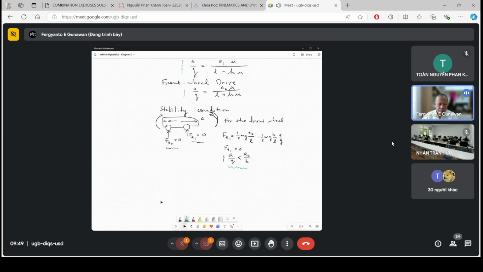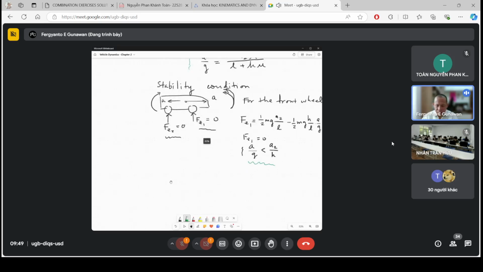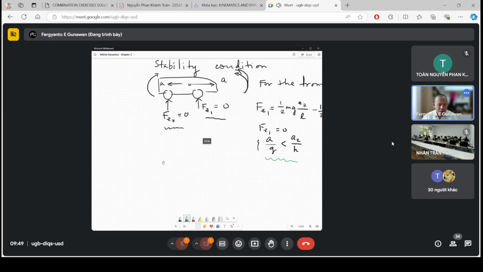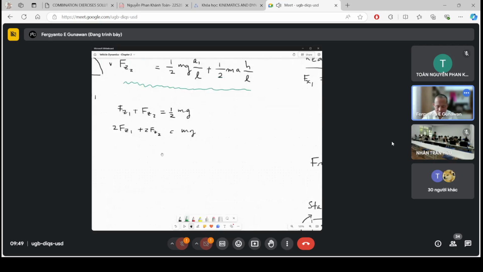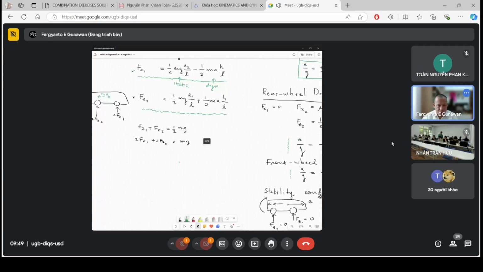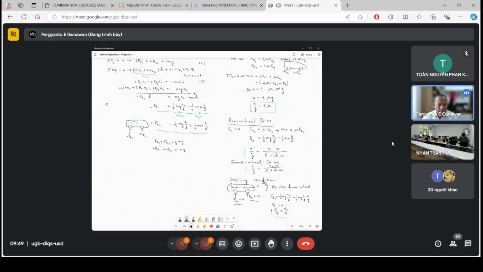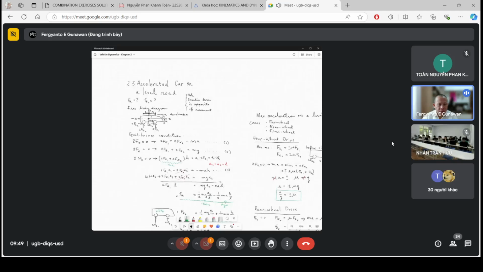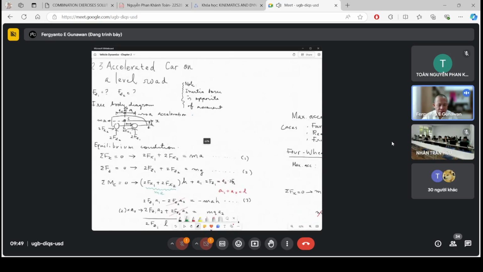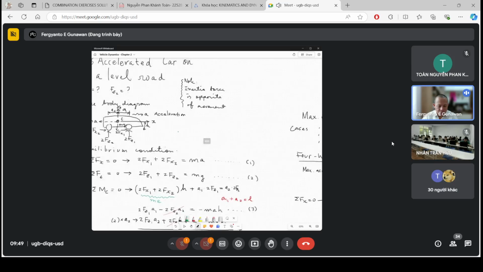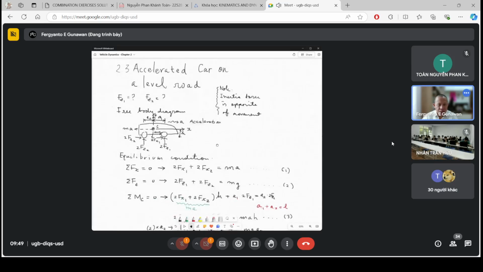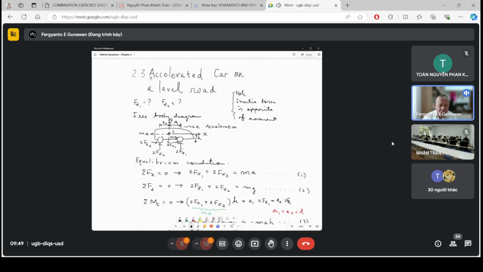Okay, so let me review again what we have discussed so far. We started this discussion with section 2.3, a car on a level road, and we are interested in fz1 and fz2.